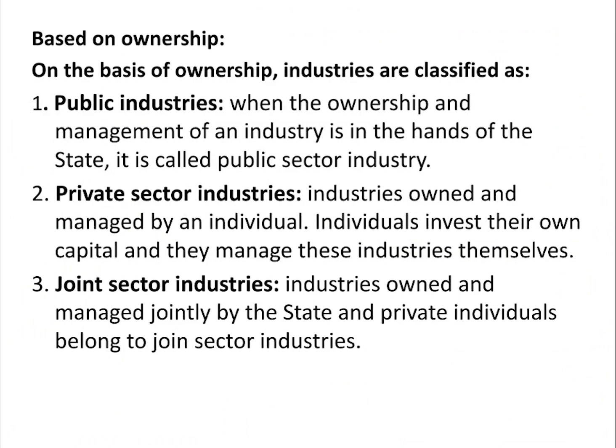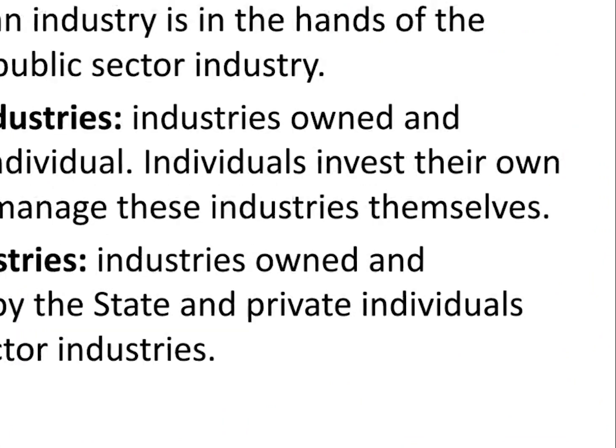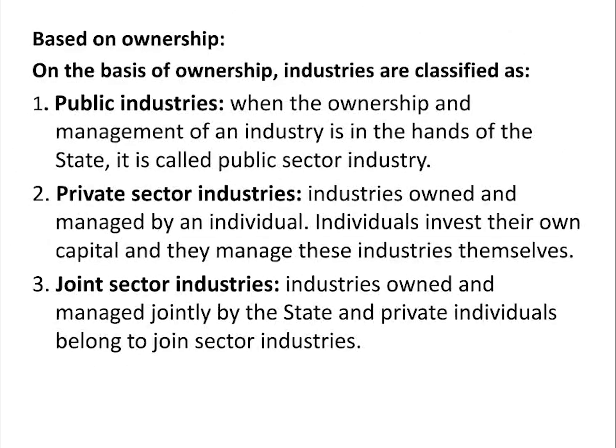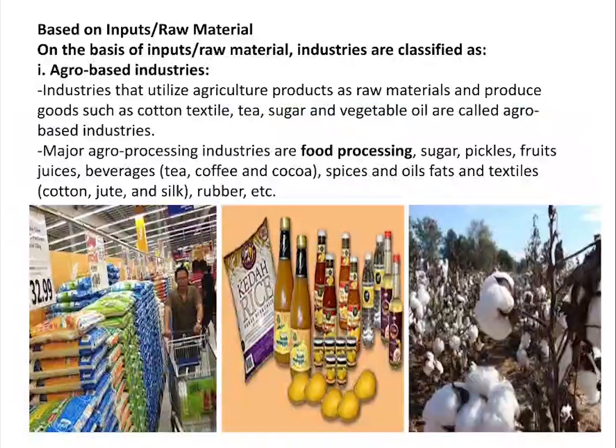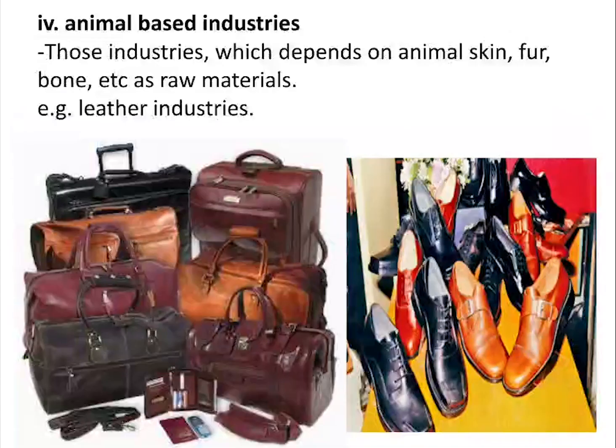So these are the classification of industry. The industries in the world are classified on different bases. First one is based on size. Industries are classified into 3: cottage industry, small scale, large scale. Based on input or raw material use, industry is classified into 4: agro-based, forest-based, mineral-based, and animal-based.